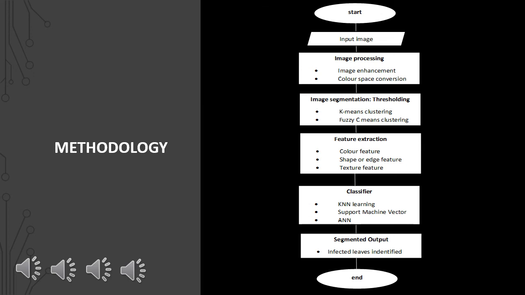By using different classifiers such as KNN Learning, Support Vector Machine SVM, or ANN, the image will later go into different class or section. Lastly, the segmented output. The infected leaf that has been identified by using the classifier and feature extraction will go as a positive output.